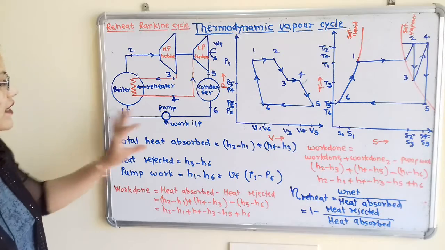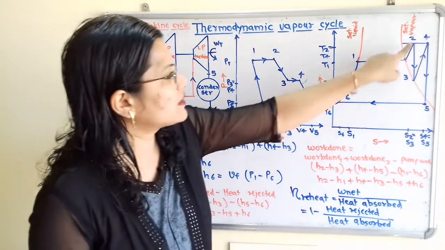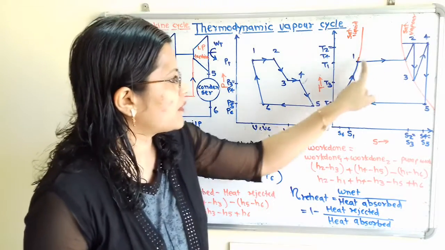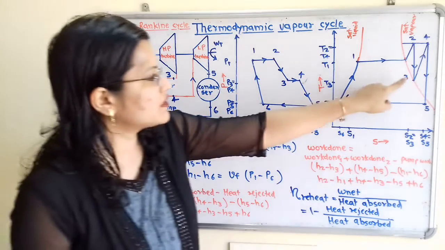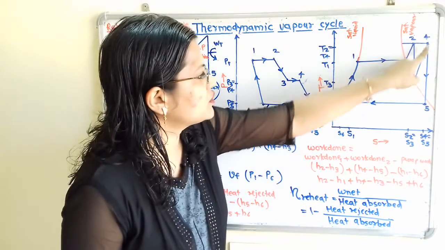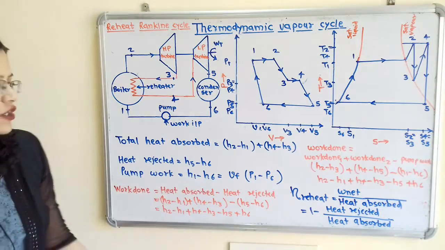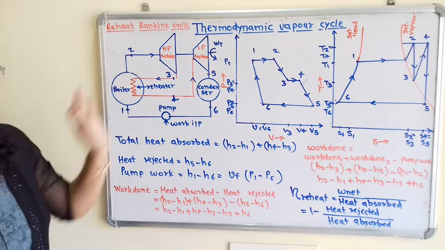How can we write this total heat absorbed? During the process 1 to 2 we take the change in enthalpy, that is H2 minus H1, plus during the process 3 to 4 we take the change in enthalpy, that is H4 minus H3. So this is the total heat absorbed during the whole reheating process.